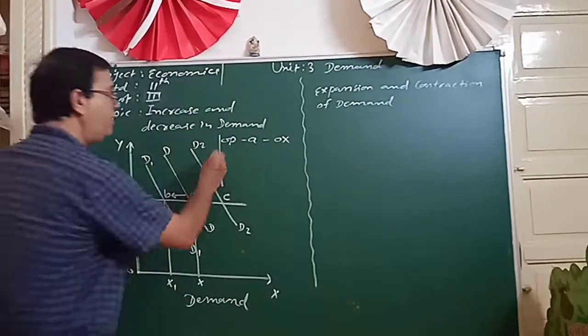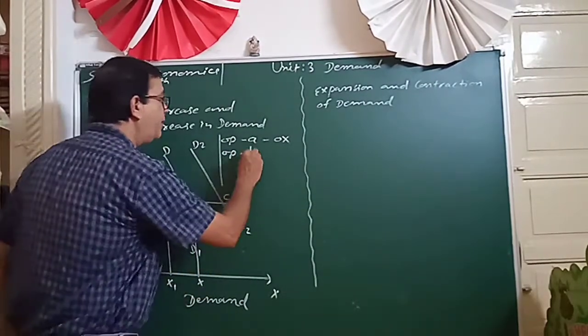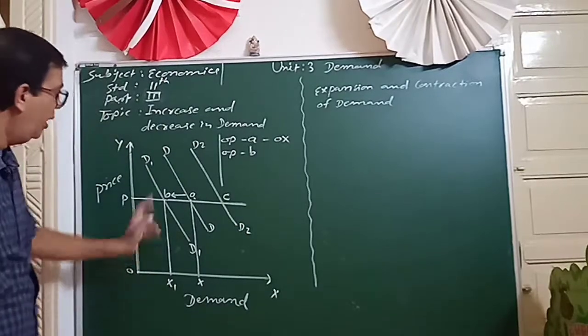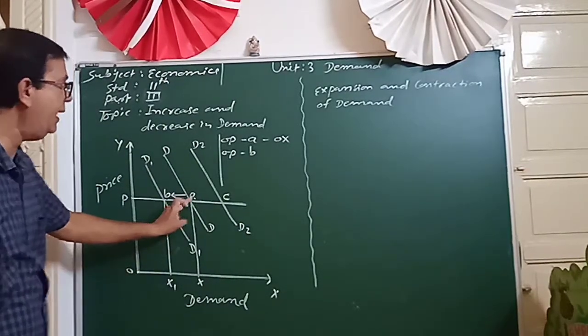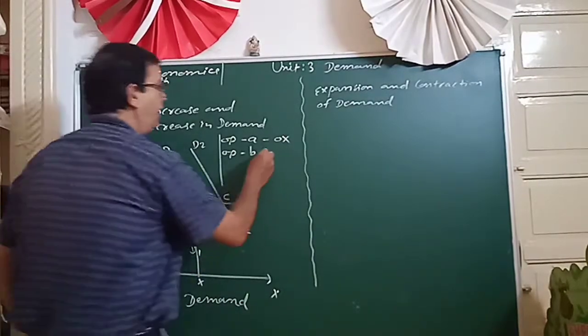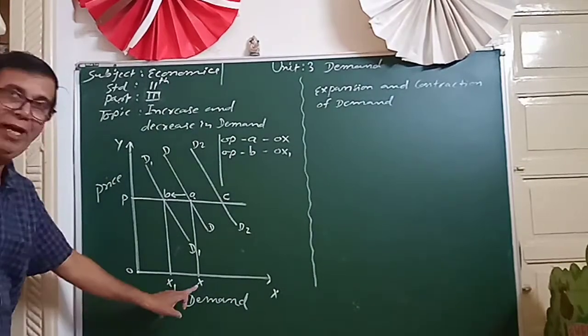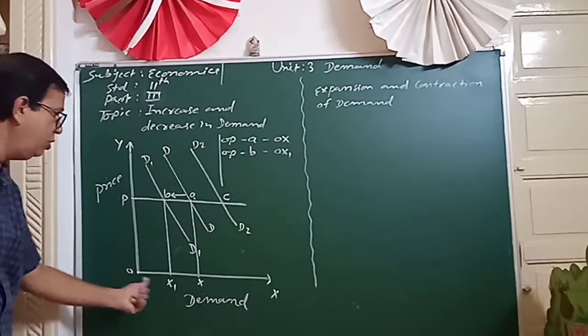Here the price remains the same OP, but the equilibrium point moves from A to B. Earlier the demand was OX, but now demand is OX1.